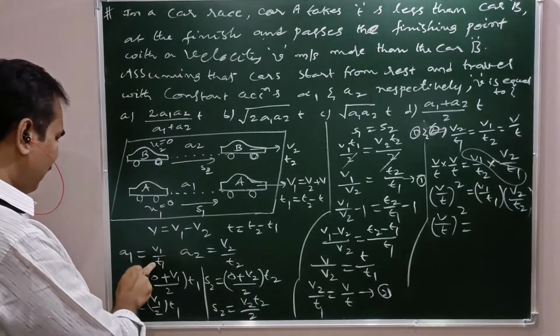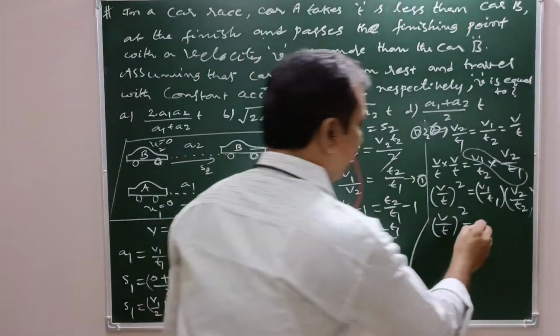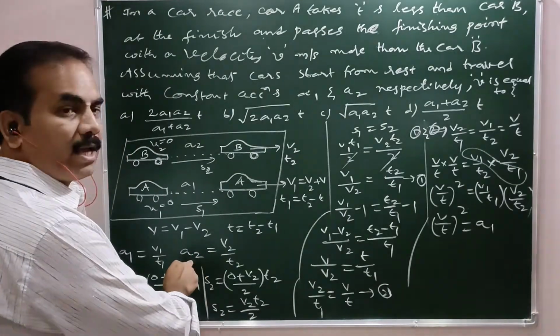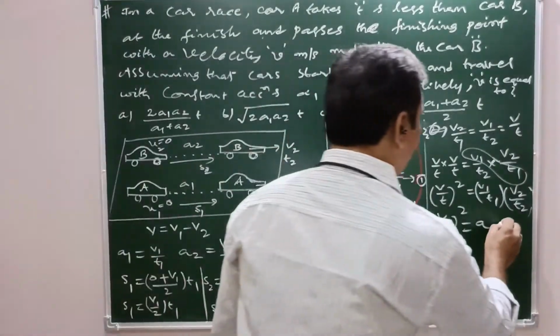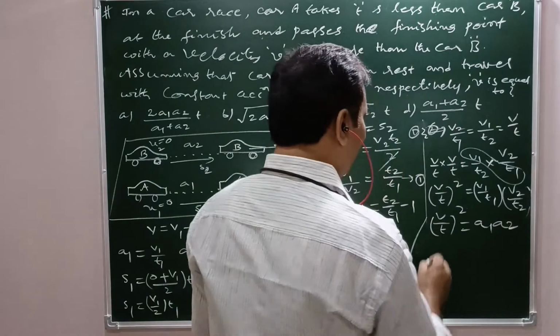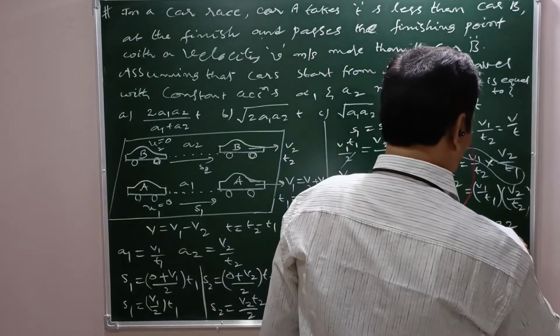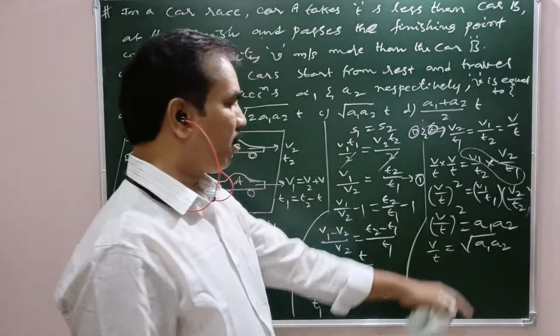Here V1 by T1 equals A1. What about V2 by T2? That equals A2, the acceleration of car B. That is V by T equals root over A1 A2.